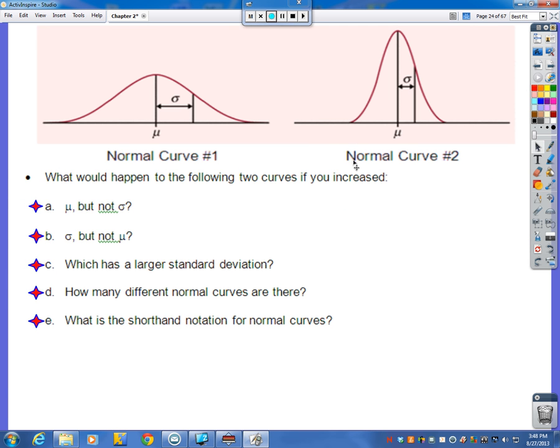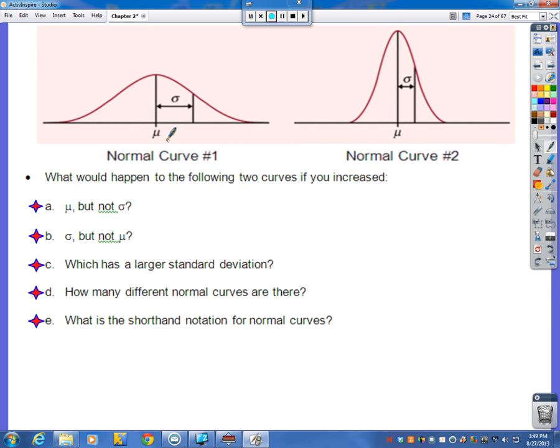Now, here is an example of two normal curves. They're both bell-shaped curves. They are both single peak. They are both symmetric. But there is a little bit of a difference between them, as you can see. All right, so question here is, what would happen to the following two curves if you increased, let's say, the mean, but not the standard deviation?